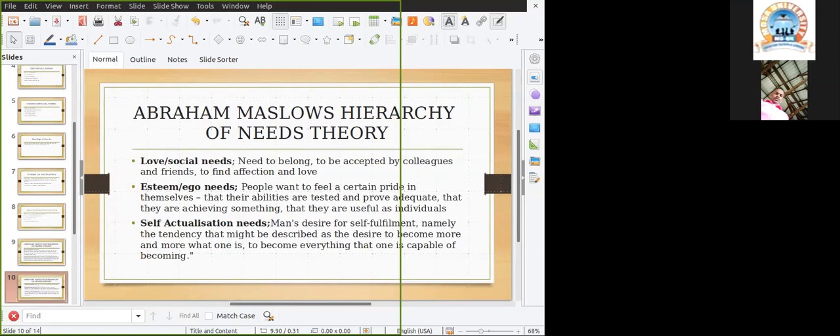Once you feel comfortable that you are secure enough as a person, then you develop another type of needs. These are called love and social needs. So what are these love and social needs? These are the need to belong and the need to be accepted by colleagues.